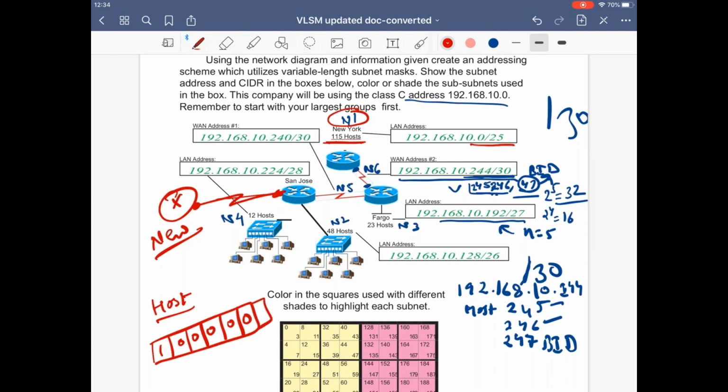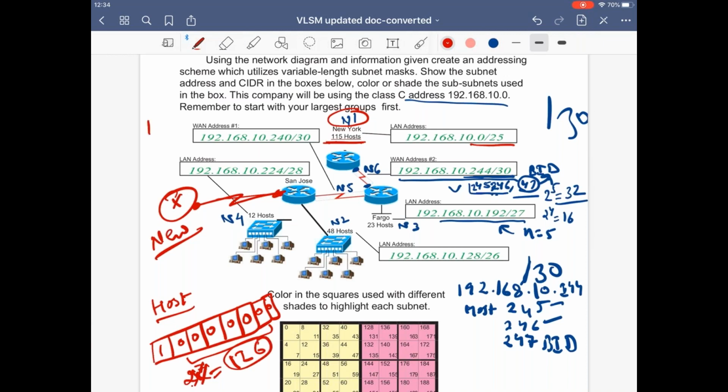So we will be getting 126 valid hosts, 128 minus 2. The first and last will not be used. Total we get 126 valid hosts, and your future requirement is 120.